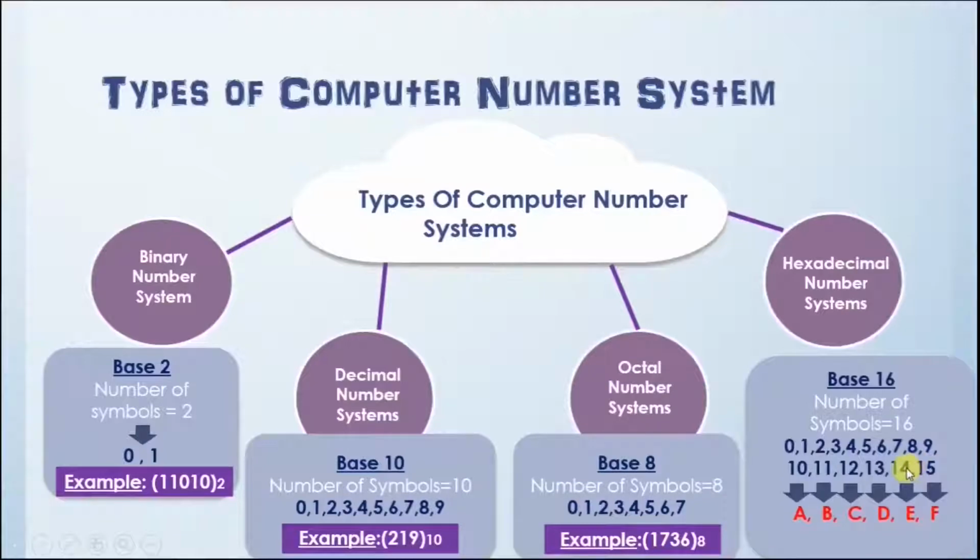But there is one important point to note, that the numbers from 10 to 15 are represented using capital letters A, B, C. So 10 is represented as A, 11 as B, 12 as C, 13 as D, 14 as E and 15 as F.